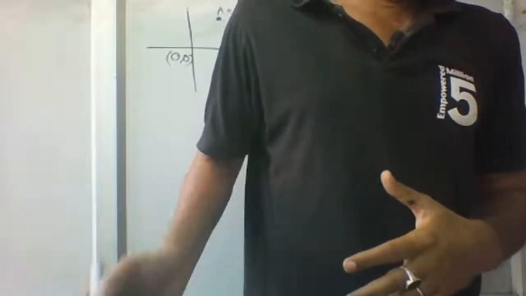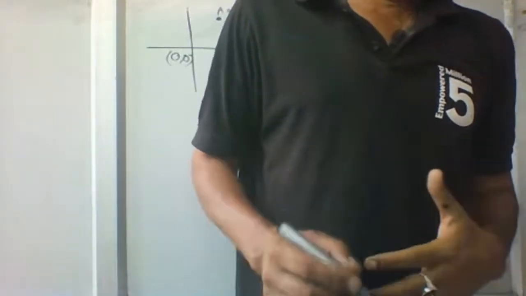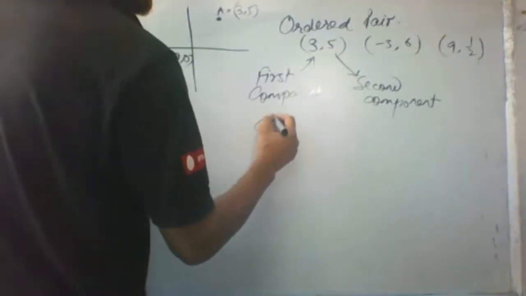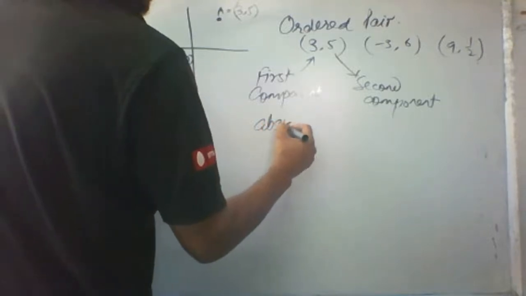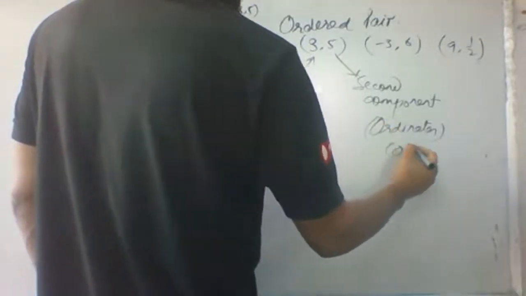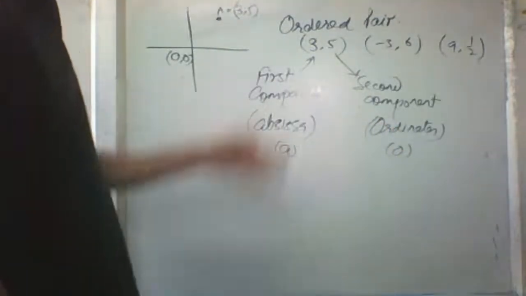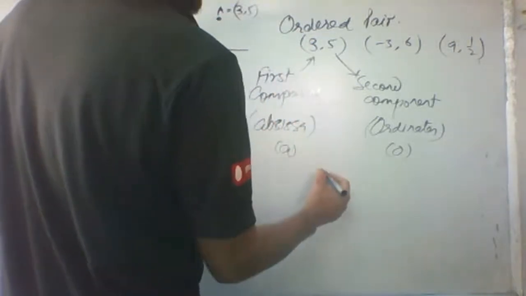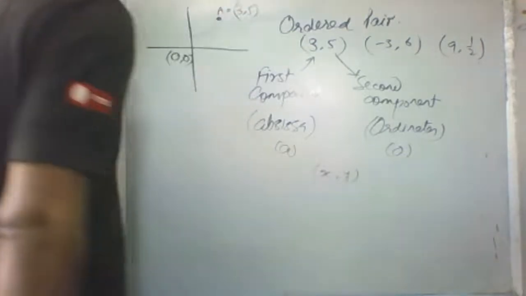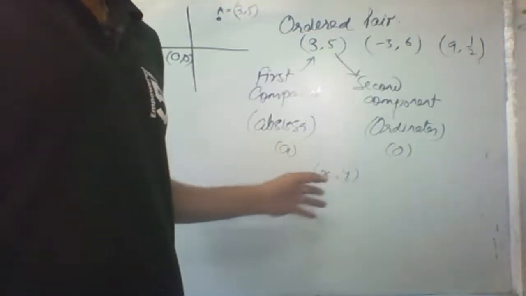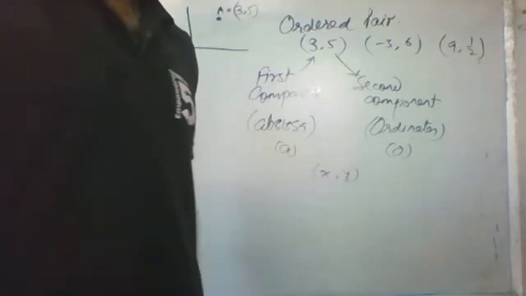The first component, I have already given you a word for: it is called the abscissa, spelled A-B-S-C-I-S-S-A, and the second is called the ordinate, O-R-D, which was represented by O. According to the X and Y frames, the first is the X component and the second component, the ordinate, is the Y component.